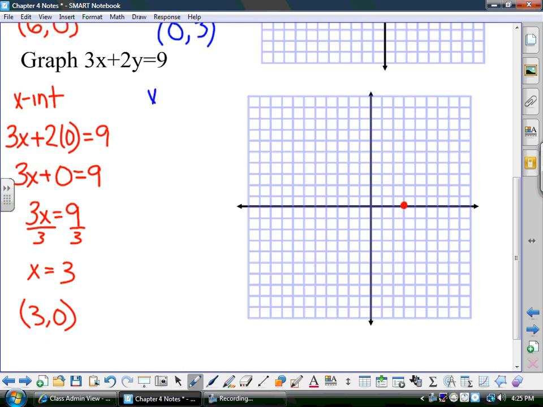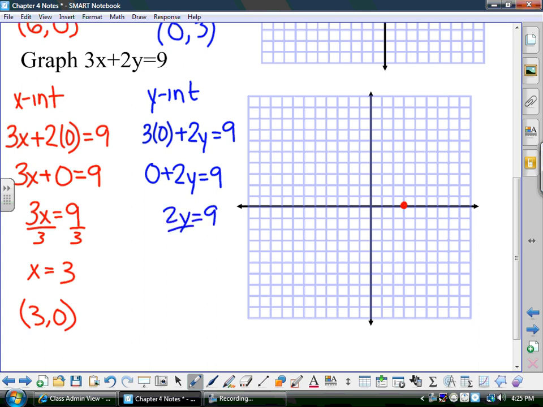When I find the y-intercept, this time I'm going to put 0 in for x. So 3 times 0 plus 2y equals 9. That's 0 plus 2y equals 9, or just 2y equals 9. And this isn't quite a nice number.